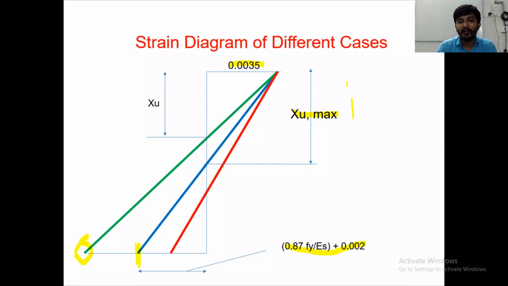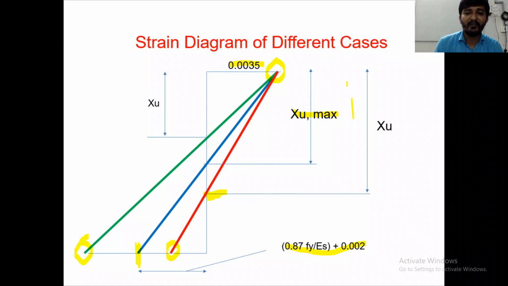In this case, you can see this is the base value and the strain in steel is not reaching the ultimate limit, but the strain in concrete has reached its ultimate limit. The XU value, the neutral axis, has reached the tension zone, the bottom part, for the third case. This is how a graphical representation can help you understand what is actually happening.